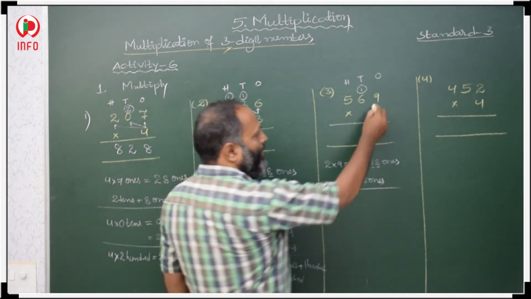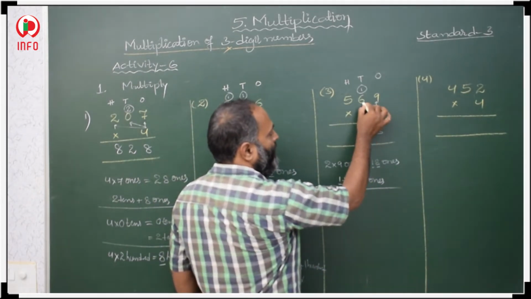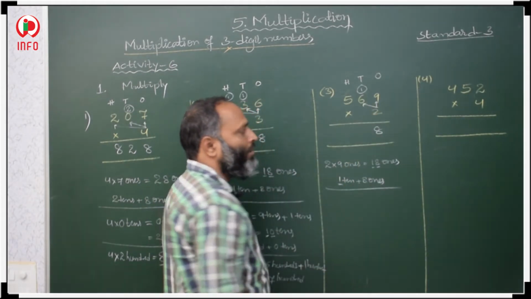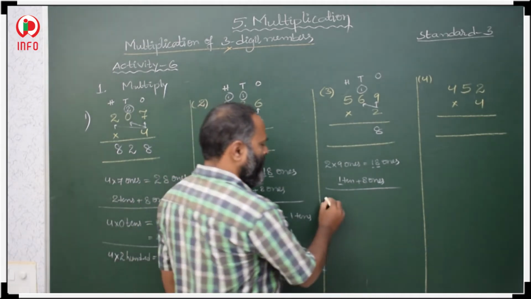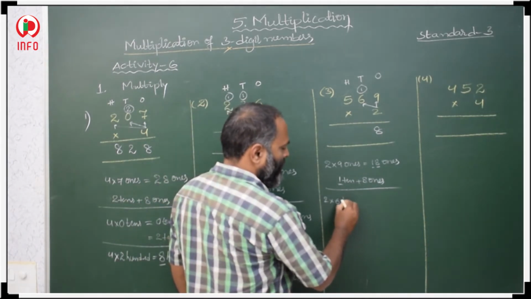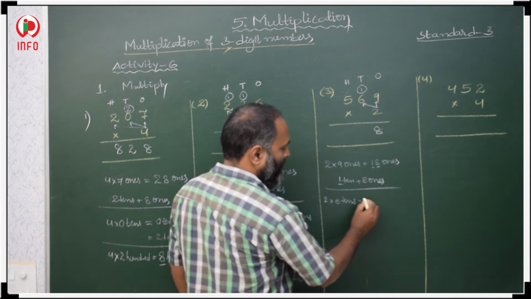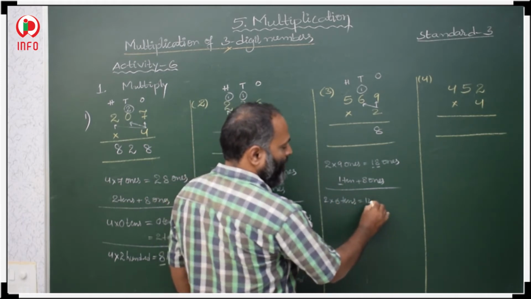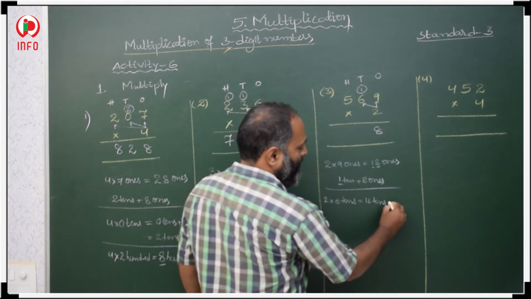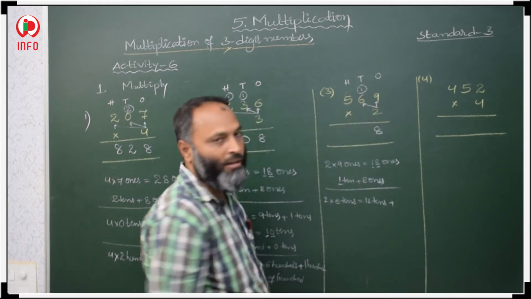Now we have to multiply with tens. 2 into 6 tens. 2 sixes are 12. 12 tens plus what is carry over here? 1 ten.